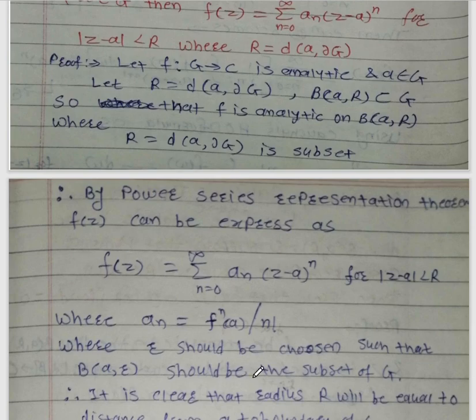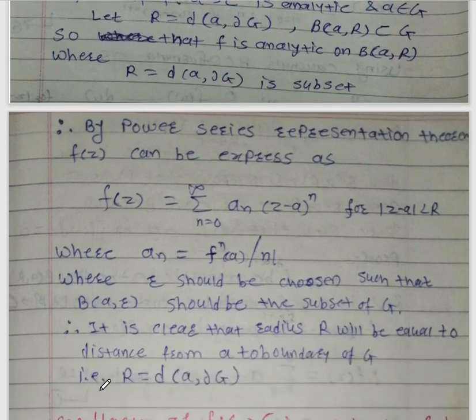Again, by using the concept of power series, r should be chosen such that the closed circle with center a and radius r is a subset of G, because G is a region and the open circle with center a and radius r is contained in region G, and this closed circle is contained in the open circle.